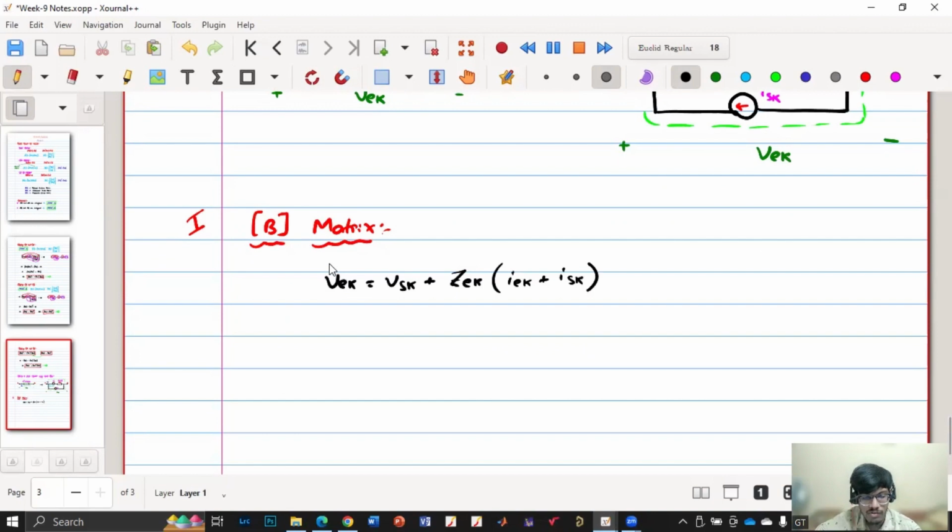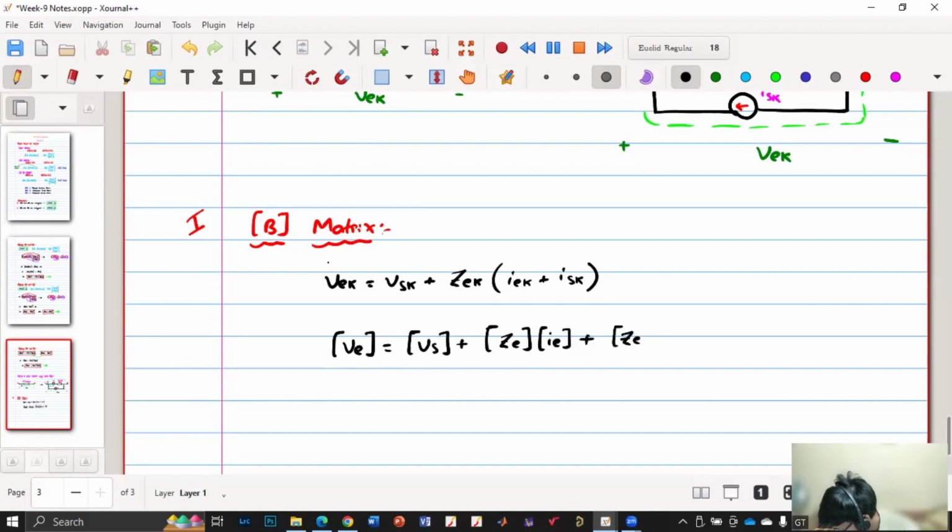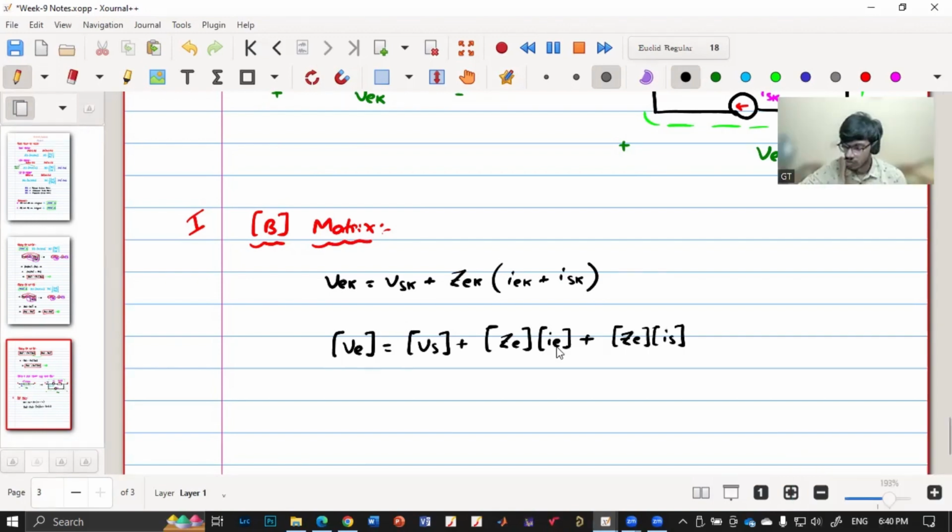Now if I write for n such elements in terms of a matrix representation, I will be getting V_E matrix equals V_S matrix plus Z_E matrix into I_E matrix plus Z_E matrix into I_S matrix. Is this clear? So we can write in this matrix formation. You agree, right?